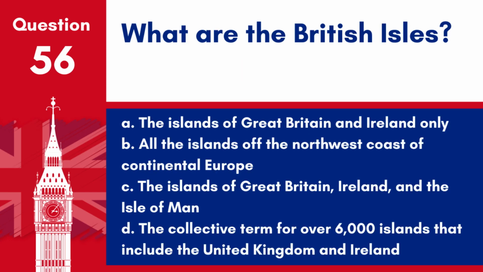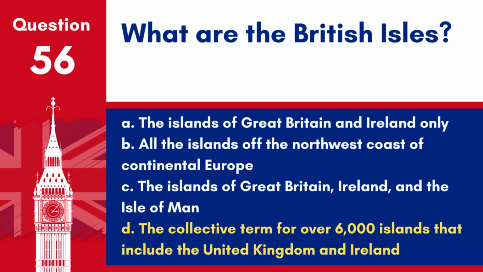Question 56. What are the British Isles? A. The islands of Great Britain and Ireland only. B. All the islands off the northwest coast of continental Europe. C. The islands of Great Britain, Ireland, and the Isle of Man. D. The collective term for over 6,000 islands that include the United Kingdom and Ireland.